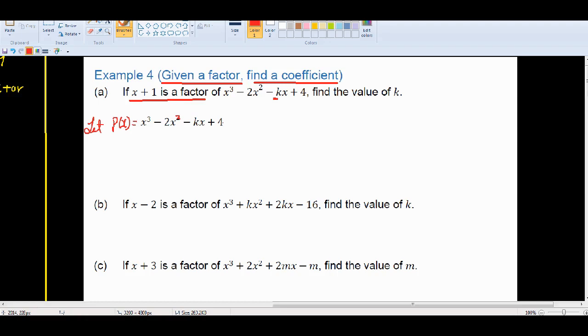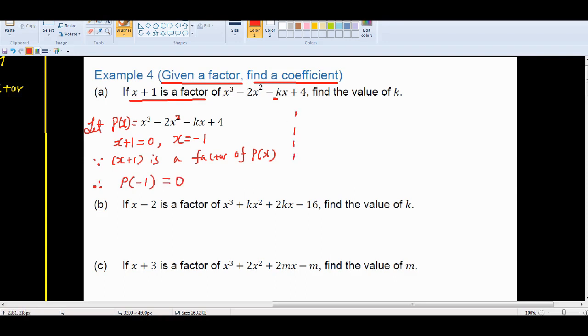Then we know x plus 1 is a factor, so let's first make x plus 1 equals 0, then x equals minus 1. So when we put minus 1 into polynomial px, it should be 0. Let's write here, since x plus 1 is a factor of px, therefore p(-1) would be 0.